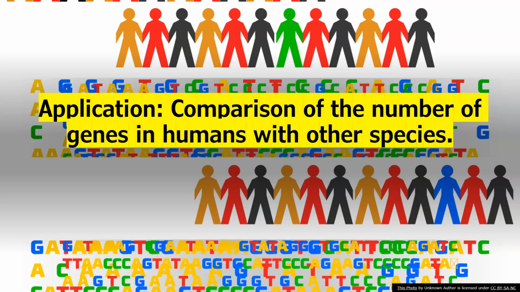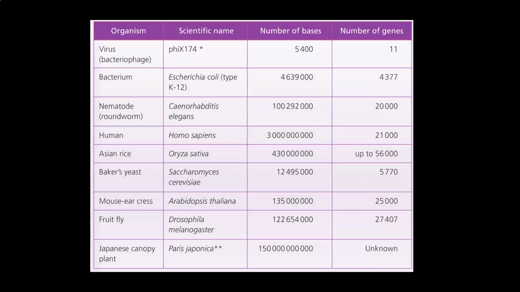Okay, your next application, the comparison of the number of genes in humans and other species. So you need to be able to make a comparison between the number of genes that a human has, so we can see there 21,000, compared to other organisms on that list there.